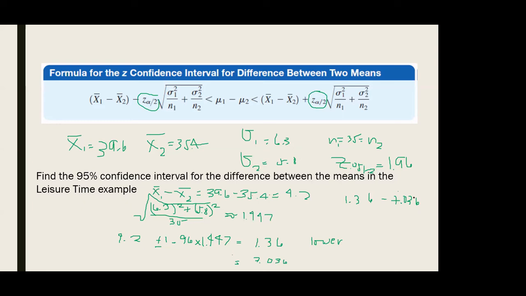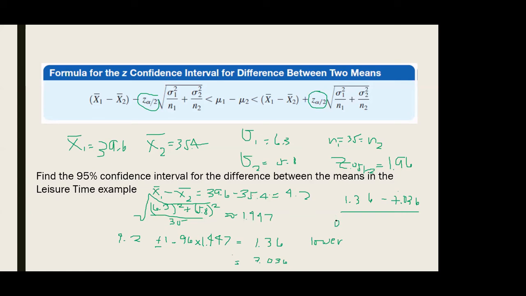So using this interval, we can actually see that the range does not include the zero value. It means that for 95% of the time that we construct that range, it will not include the zero.